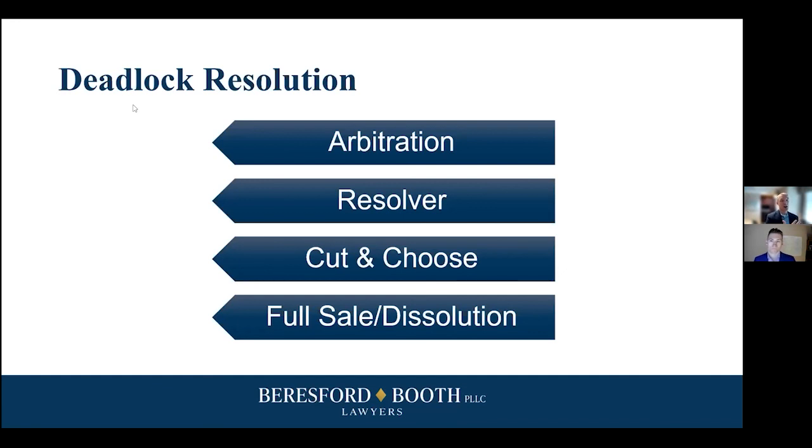If it's a family relationship, you want to pick a deadlock resolution technique where you may get separated in terms of the business relationship, but you don't want to kill the family relationship. So a resolver methodology may be better in that situation than, for example, a cut and choose or arbitration.